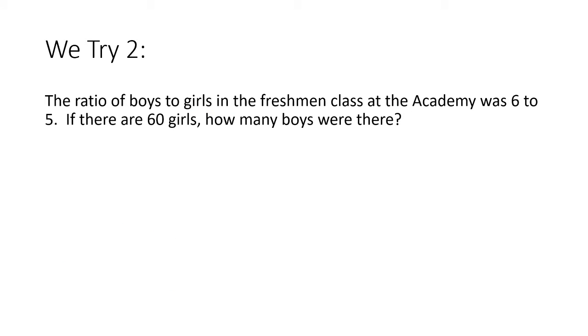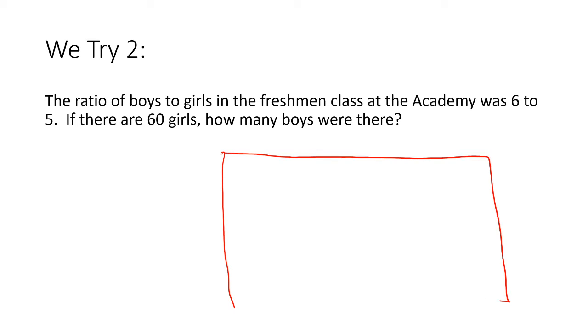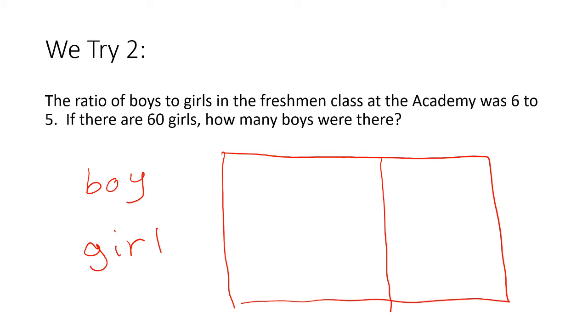The ratio of boys to girls in the freshman class at the academy was 6 to 5. If there are 60 girls, how many boys were there? So I want to make a table. And I'm going to have a boy row and a girl row. So my ratio is 6 boys for every 5 girls.